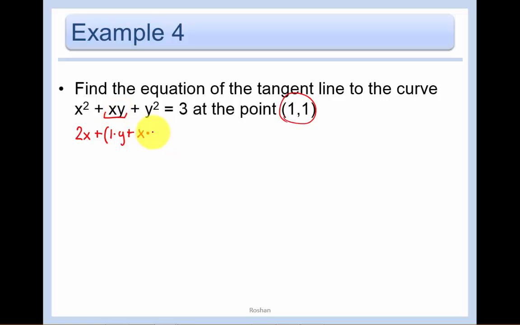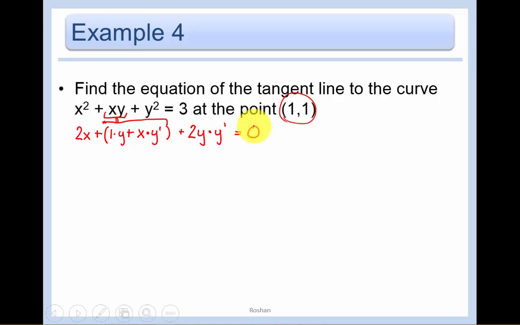And the derivative of y is just y prime. So that's the derivative of that guy. And then plus the derivative of y squared is 2y times y prime, right? Because that y has a baby inside. All right, and that equals, what's the derivative of 3? Well, the derivative of any constant is just 0.